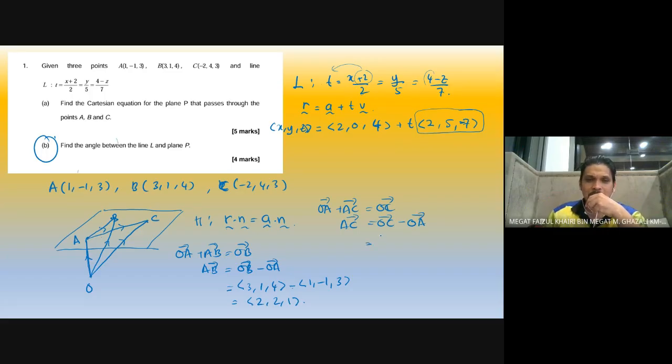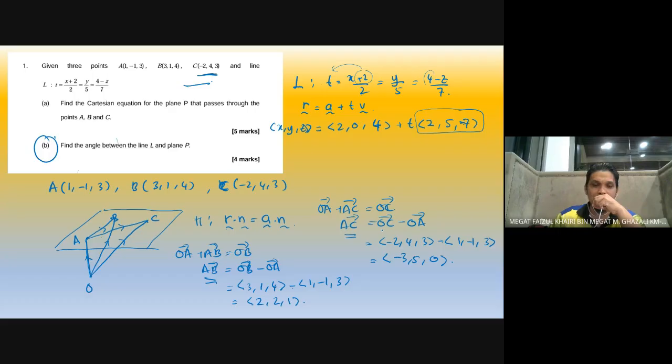Again, OC is the coordinate of C, which is negative 2, 4, 3, minus OA, 1, negative 1, and 3. So negative 2 minus 1 is negative 3. 4 minus negative becomes positive, so 4 plus 1 equal to 5, and 3 minus 3 equal to 0. So these are the vectors AB and also AC.